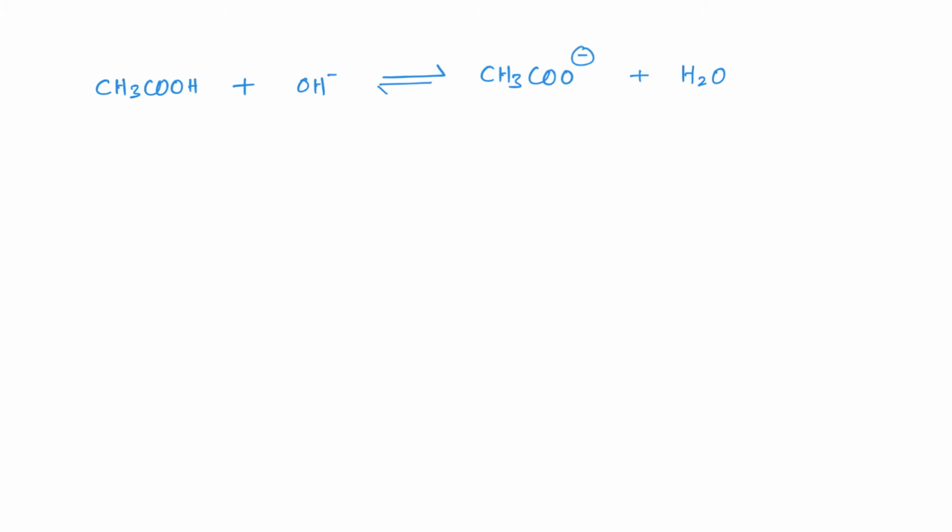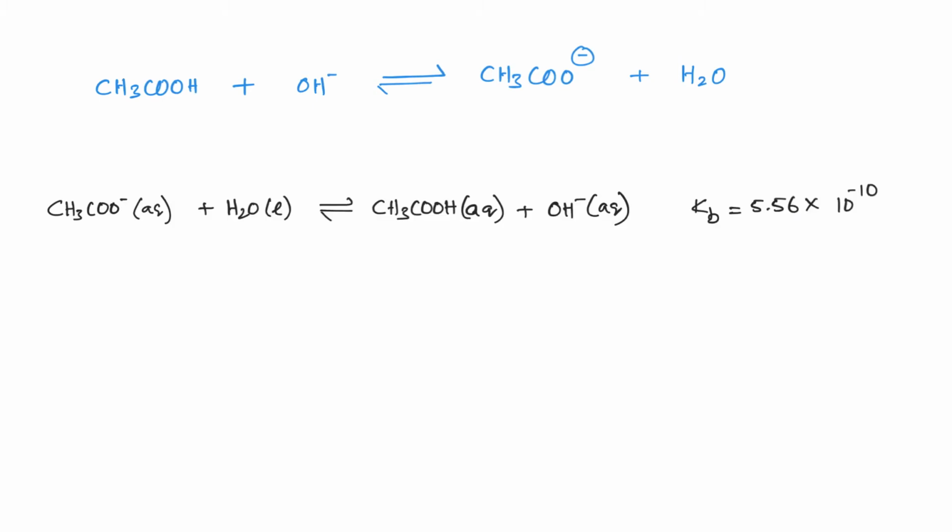If we carefully look at this equation, this is the exact reverse reaction of the base dissociation of acetate ion. The Kb value for the base dissociation of acetate ion is extremely small.